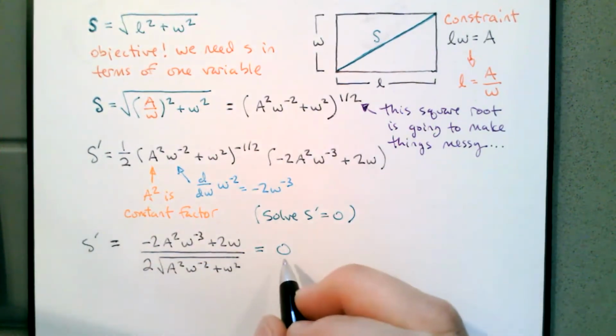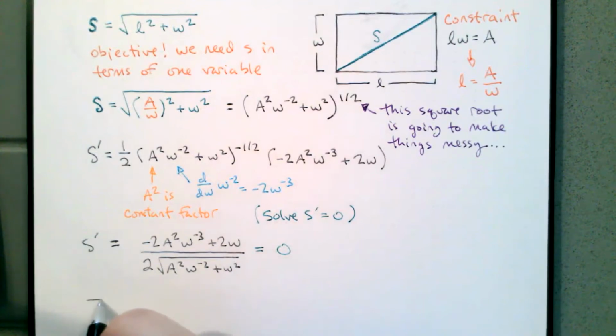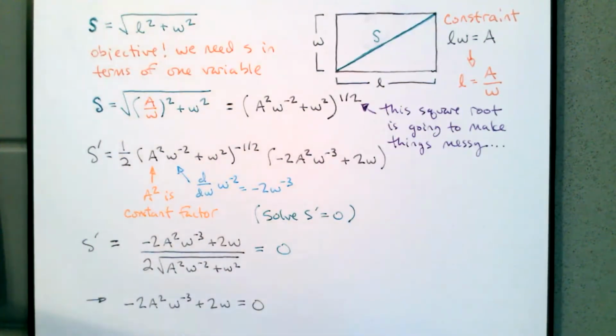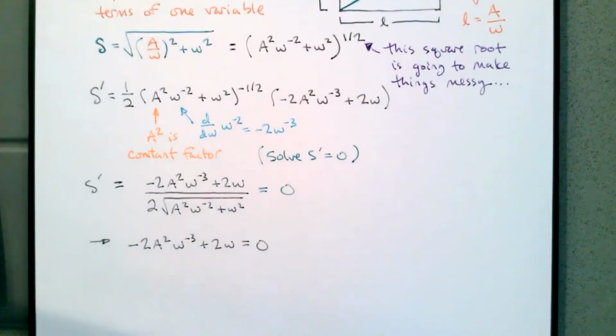So if S prime is equal to 0, that means that the numerator, -2 A squared W to the -3 plus 2W, is equal to 0. If we have a quotient that equals 0, it's because the numerator is 0.